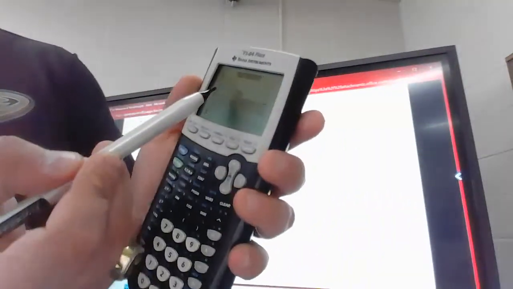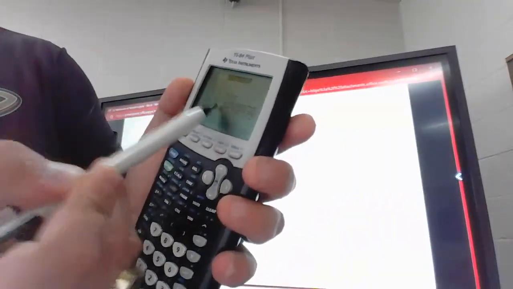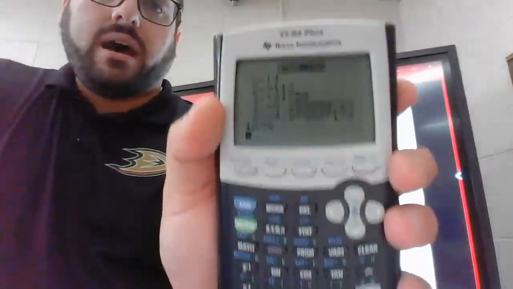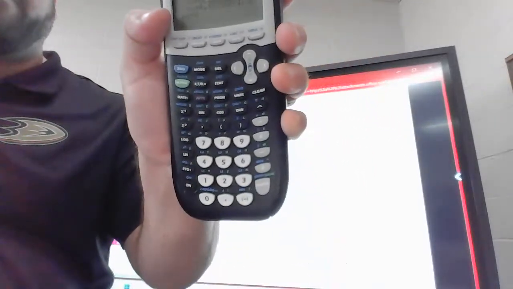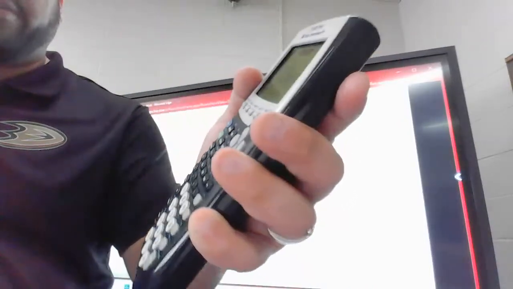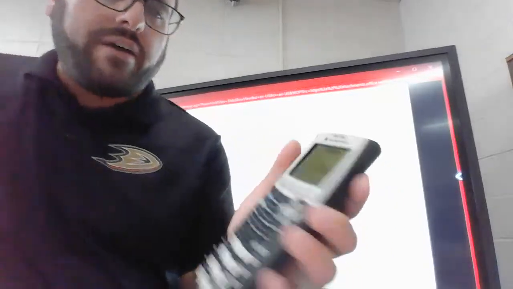What we're really going to be looking at is my average and then these two things, Sx and sigma x. And the reason why is because Sx is your sample standard deviation. Sigma x is your population standard deviation. Okay. And n is the number of values that you have.